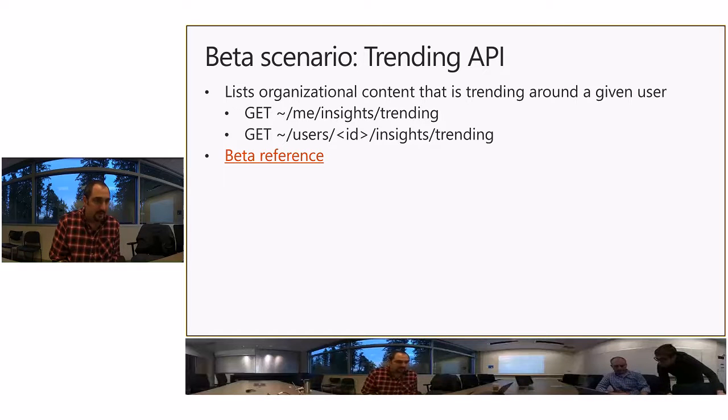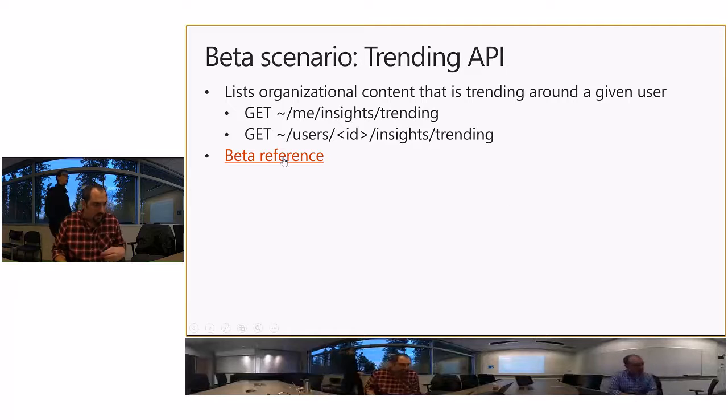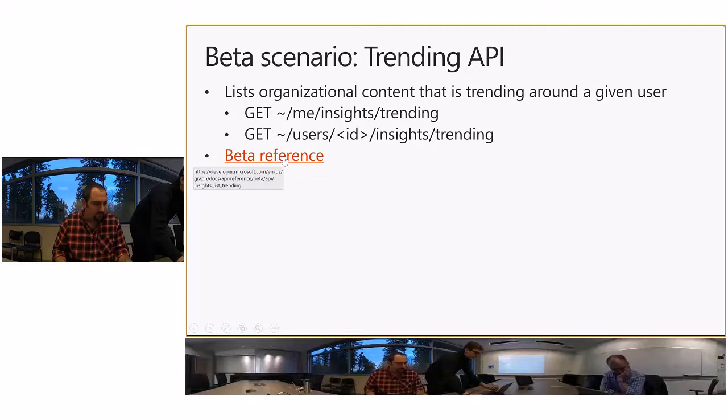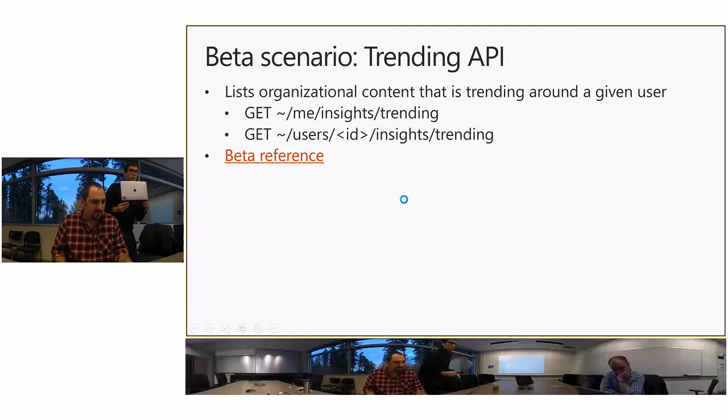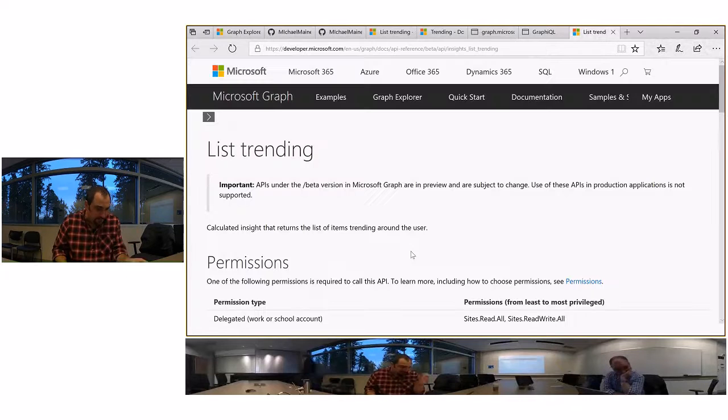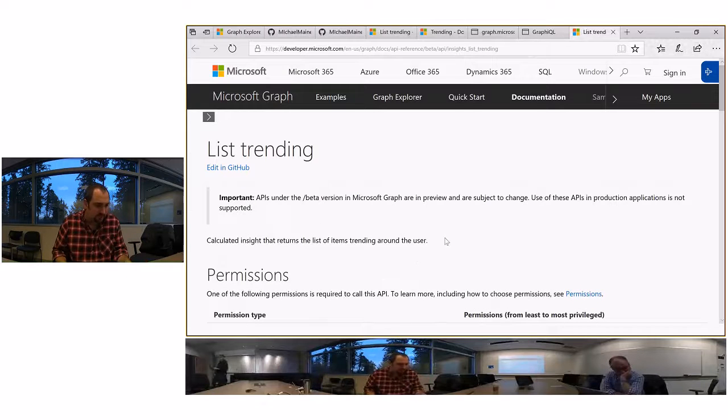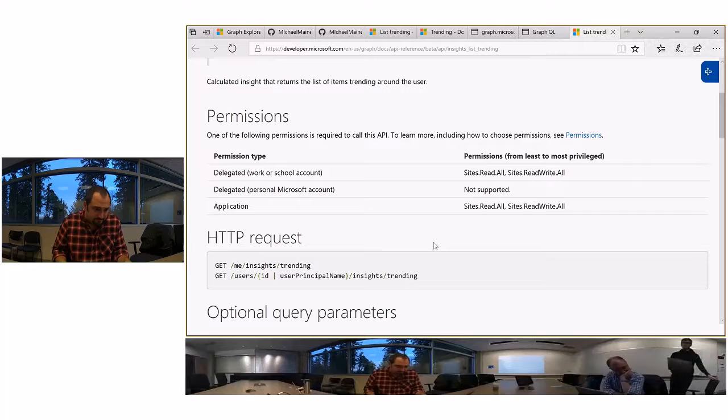I'm not quite sure what the magic sauce is behind it, but it provides some analytics around what is important to a user. We have beta reference for the trending API, and this is the starting place we go to learn about it.